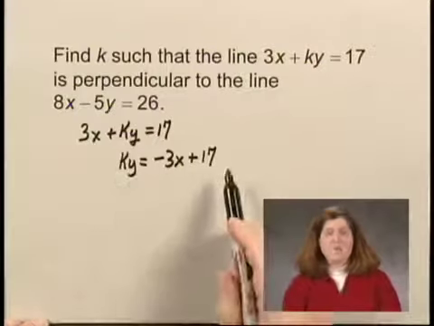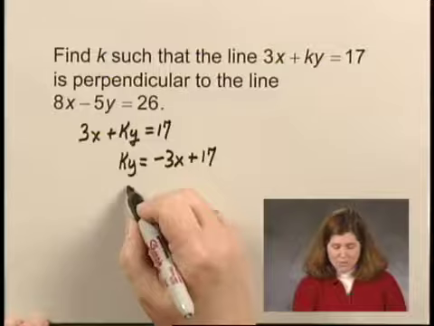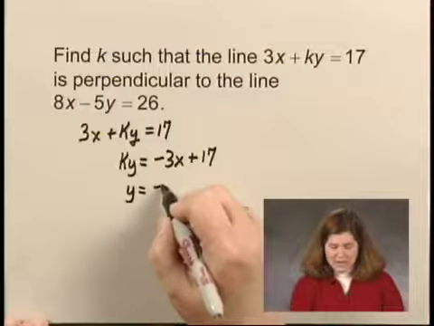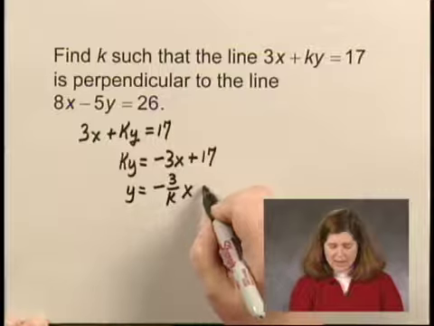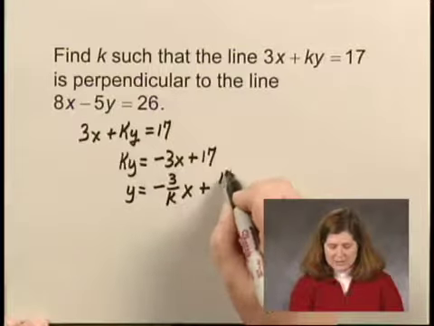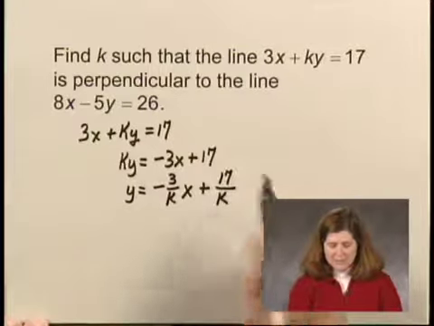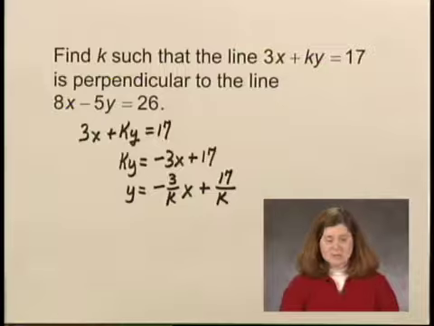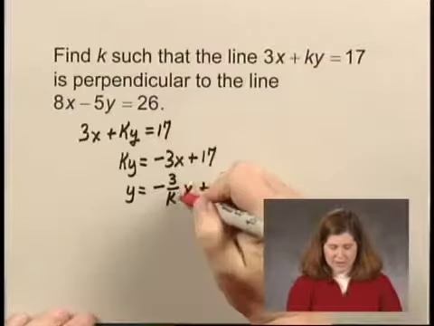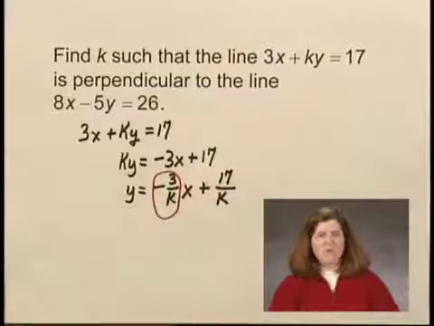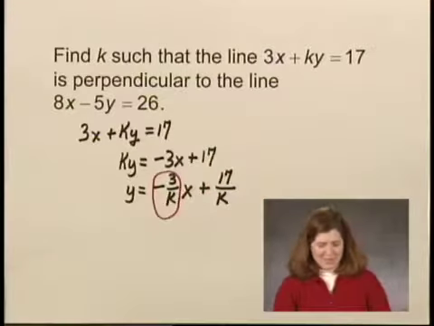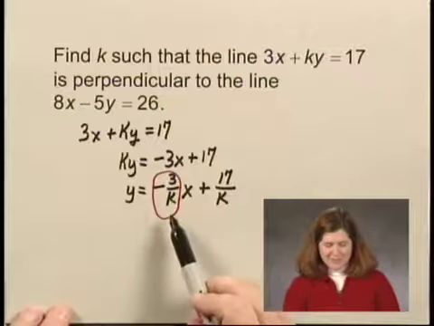And multiplying everything by 1 over k, we have y equals -3 over k x plus 17 over k. We're interested in the slope of this line. The slope of this line is -3 over k. Don't worry at the moment that you don't know what k is. We will be working to find that.